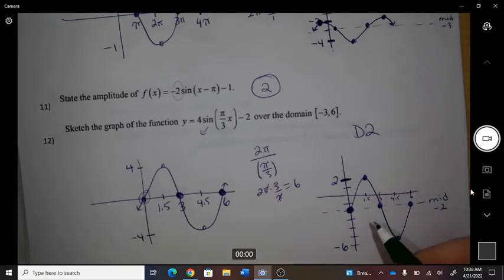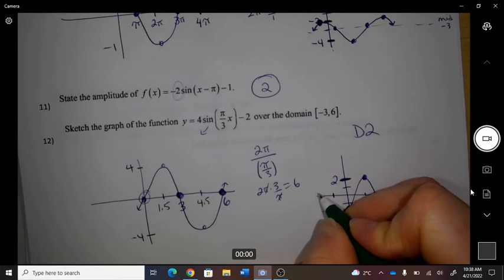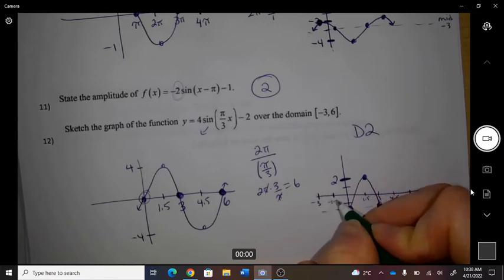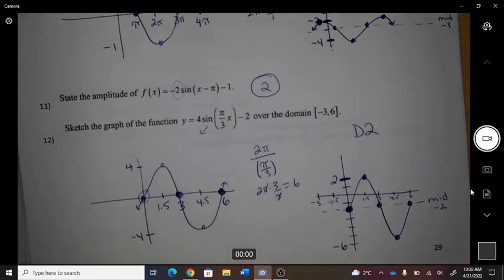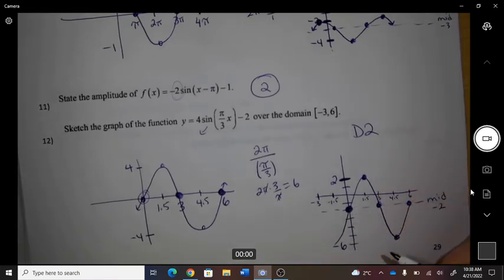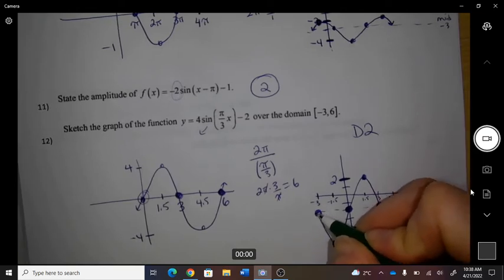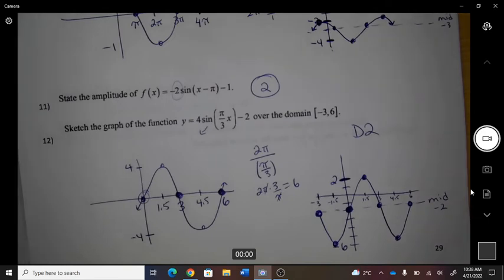And I have to go back to a -3. So 1.5 like that, so every 1.5. So the next midline, I would have to go down to a bottom and then back to a midline would be the pattern.